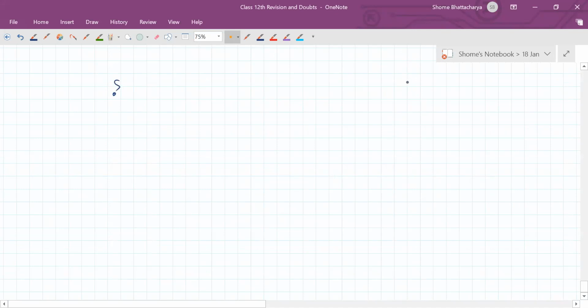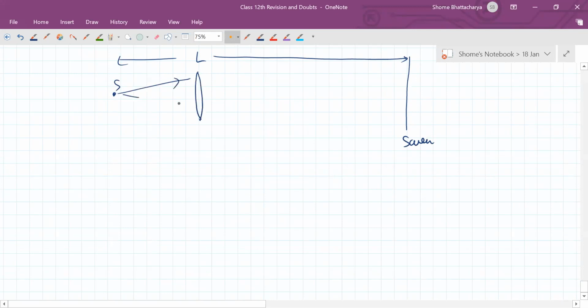We have a source of light over here, and we have a screen over here, which is at a distance L, and we know that the focal length of the lens is such that this L is greater than 4f. So we will get a situation where one position will be this, where we get the image on the screen.